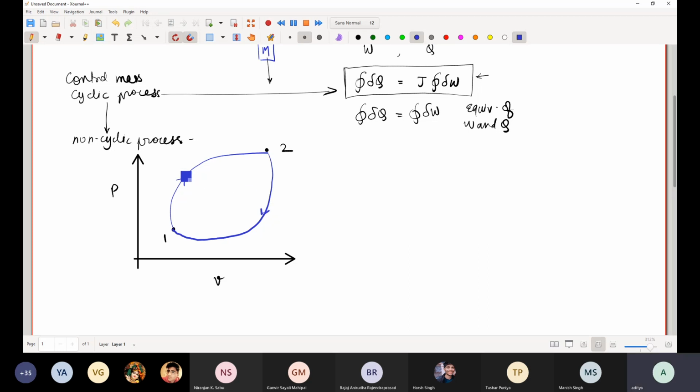That is, we go from point 1 to point 2 using a process A, right? And we come back to state 1 using process B.